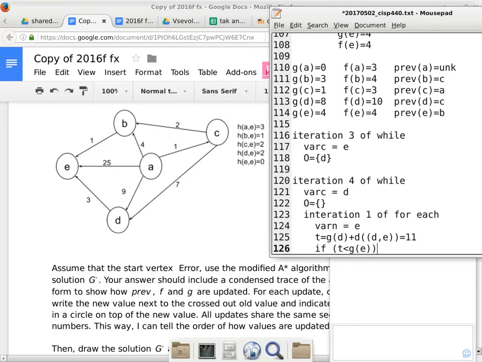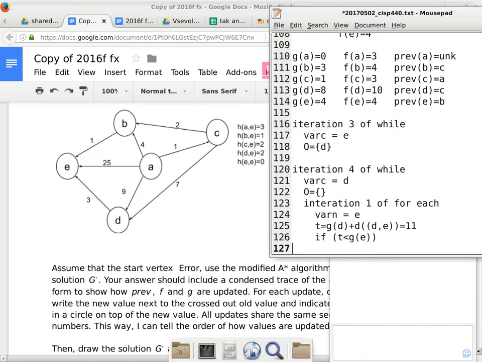Have we found a path that is less expensive than the least expensive path that we know at this point? And the answer is no, because t is 11, g of e is already 4. So we have not found a shorter way to get to e, so there's nothing to do. We skip all the way to the end of the conditional statement because the condition itself is false.